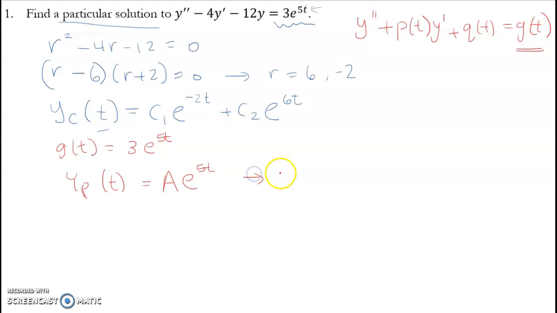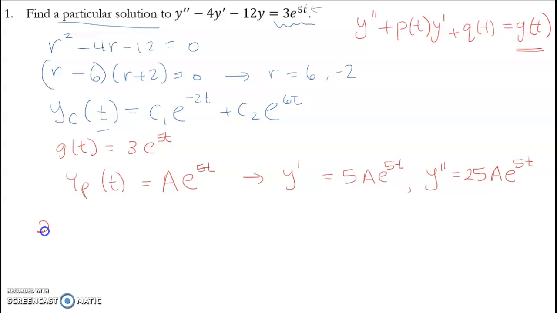So y prime is going to be 5a e to the power of 5t, and y double prime is going to be 25a e to the power of 5t. Now that we have these values, we can plug them into our original equation.